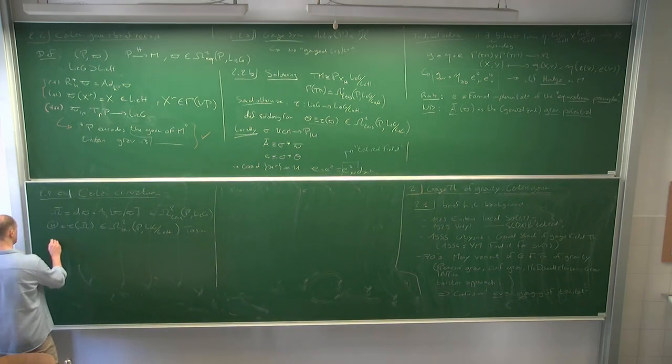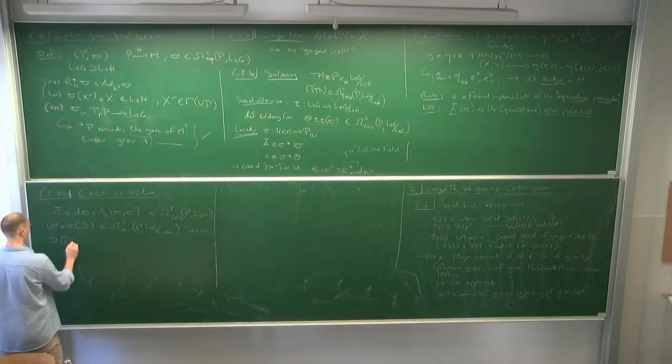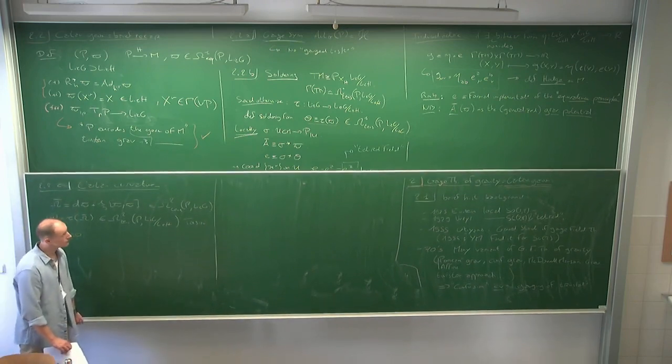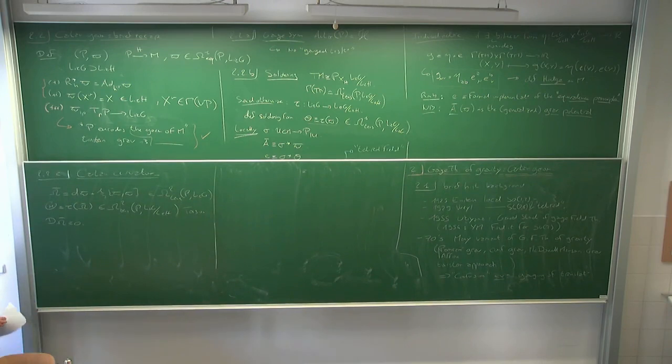And the Bianchi identity gives us immediately the differential and algebraic Ricci identities that are used often in GR.